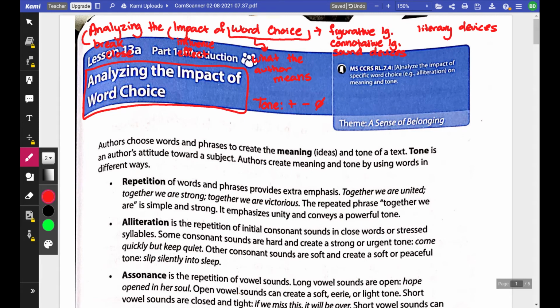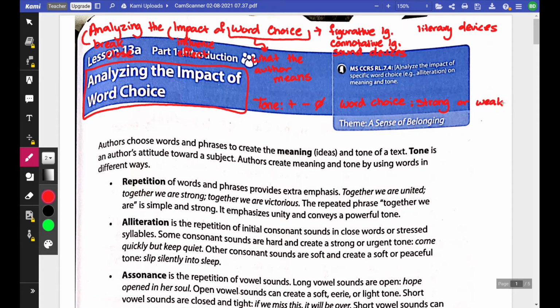Not the overall tone of the text, but sometimes we have to break it down even further and just look at the tone of specific words to make sure we understand what the author means, and whether or not they have a positive, negative, or neutral attitude toward the subject of their writing. And sometimes we also have to look at that specific word choice and determine whether or not it is strong or weak.